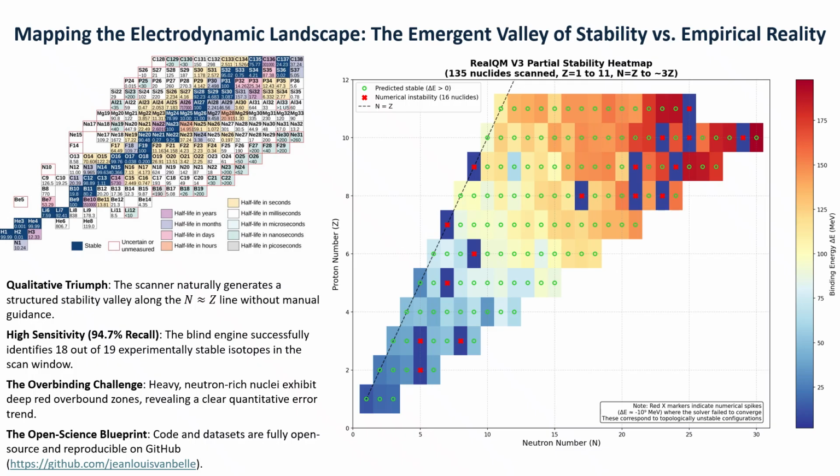It was an overbinding challenge. That's another reason why I stopped after my laptop ran for half a day. The very heavy neutron-rich nuclei exhibit overbinding. We get theoretical values for the binding energy that are way above the empirically measured values.